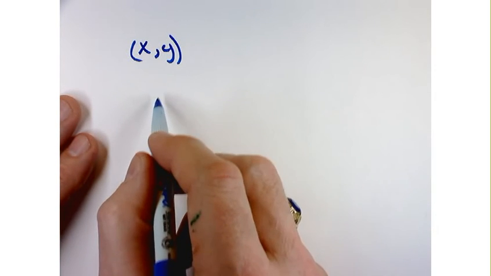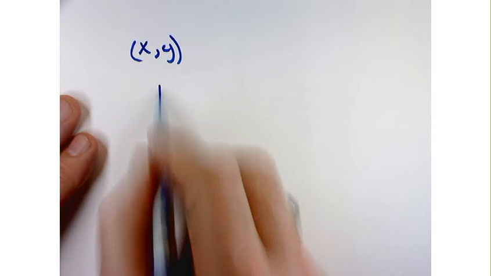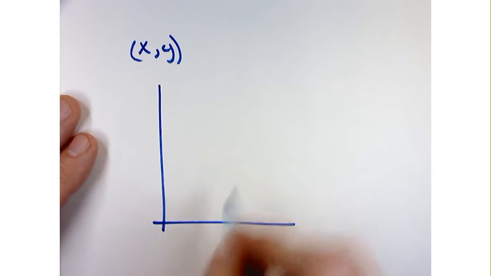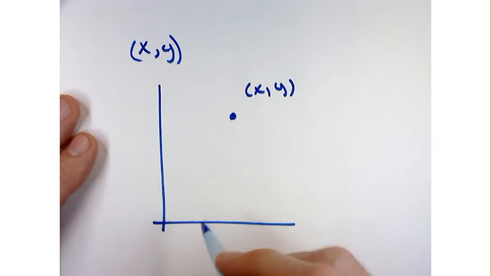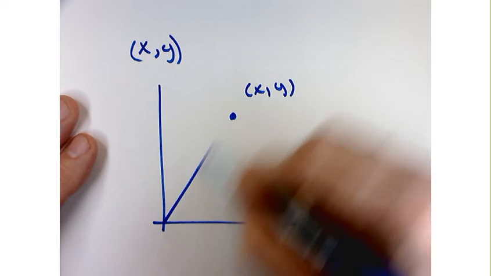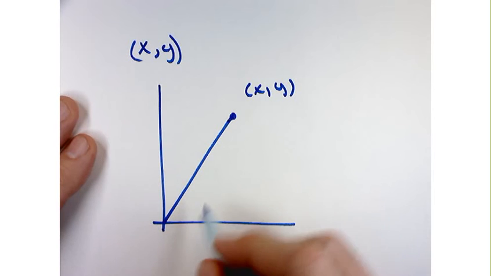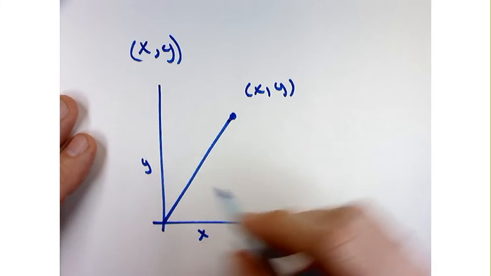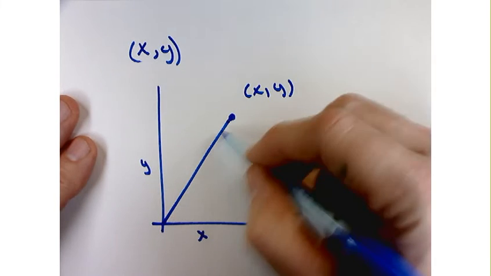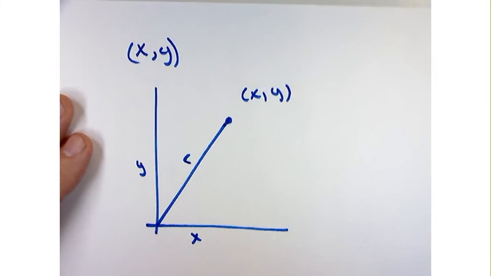Yeah, I shall draw one in the 1st quadrant. But it's not on the unit circle, x and y. Then x and y, here's your x distance, here's your y distance. X and y is going to lie some distance of r away from the origin.